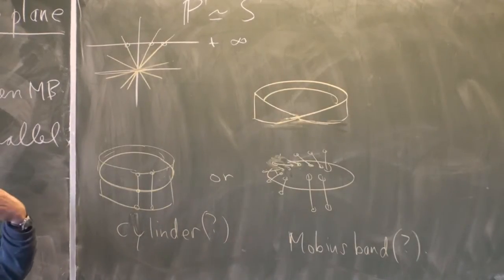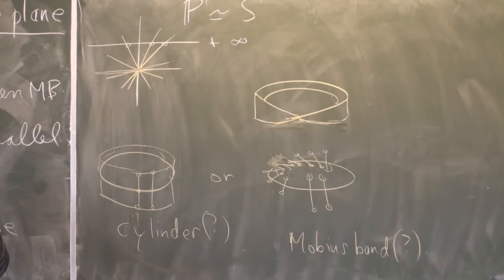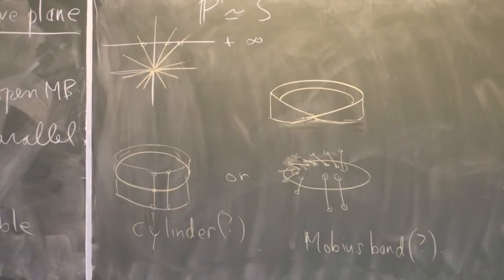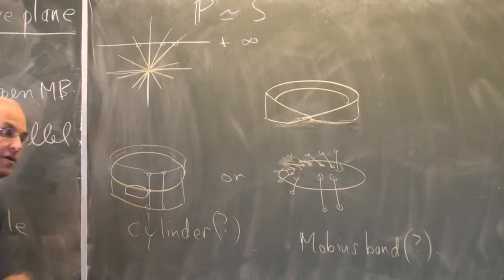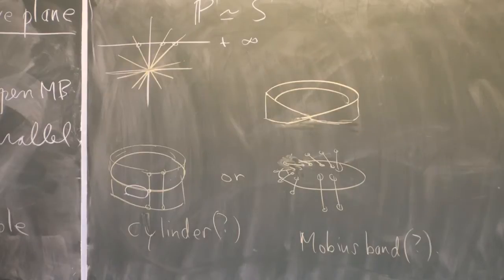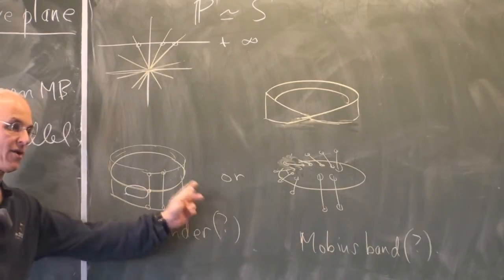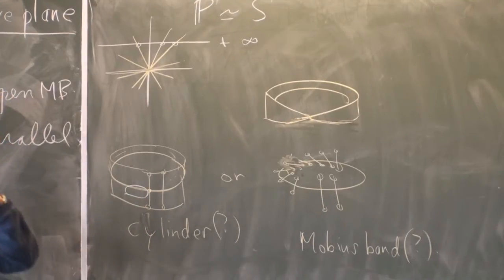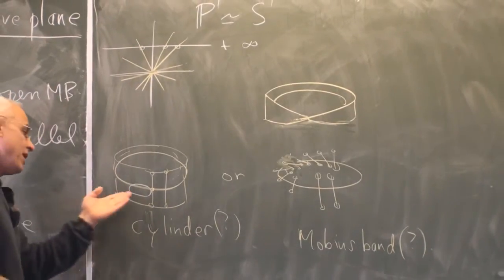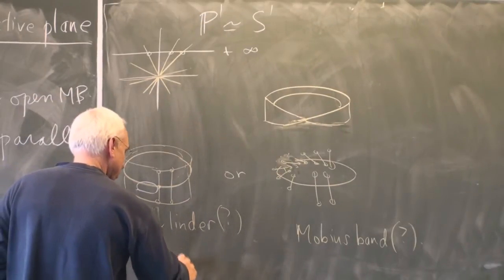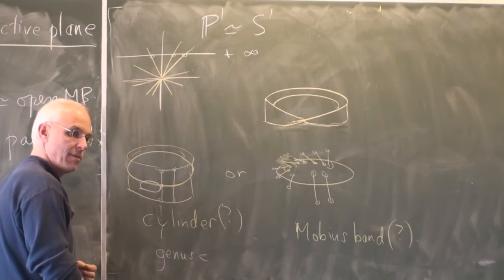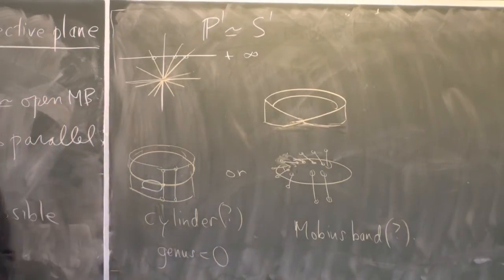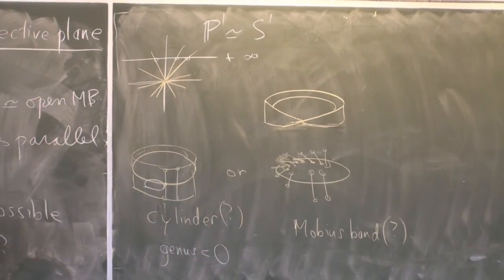Remember, the way we distinguished between toruses is we drew a little loop and asked, can we separate the space with a loop? Any loop that we draw on the cylinder is going to separate it, even if we draw it all the way around. So the cylinder has genus 0. We can't draw any loops which keep it connected.